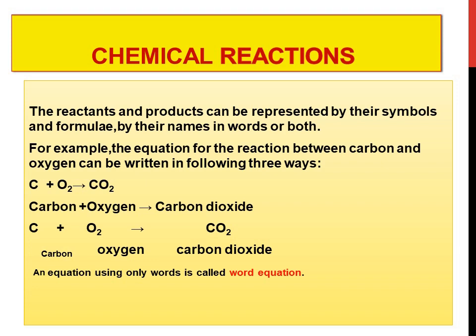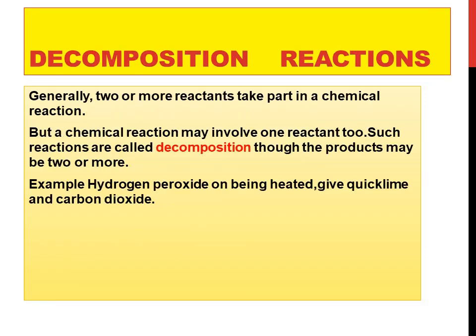Now whenever we talk of a chemical reaction, we know that generally two or more reactants take part in a chemical reaction. They react to give a product. It could be two or more products, right? But a chemical reaction in which we have only one reactant that is decomposed to give two or more products is called a decomposition reaction.